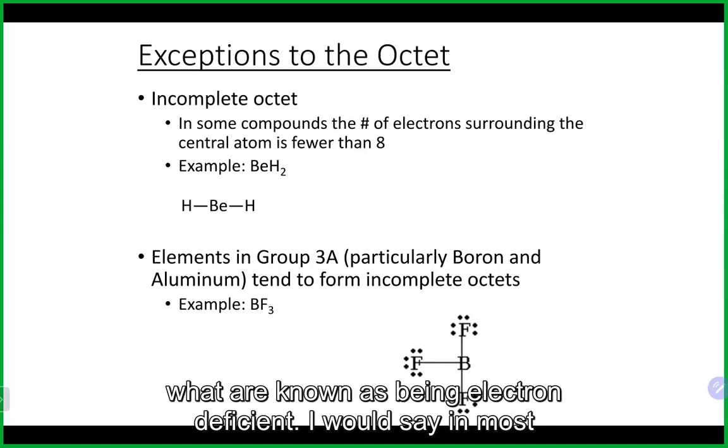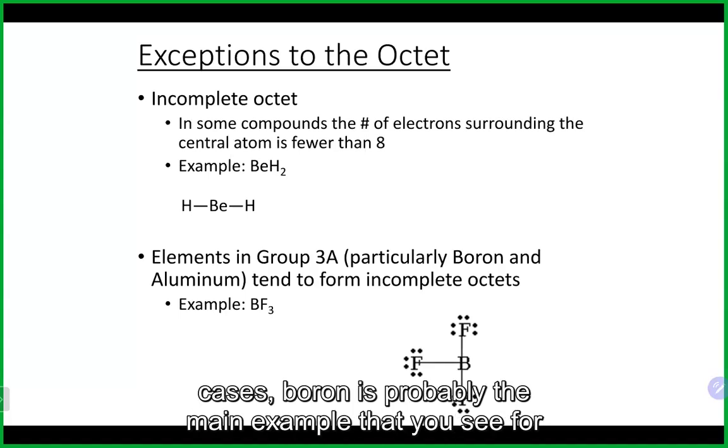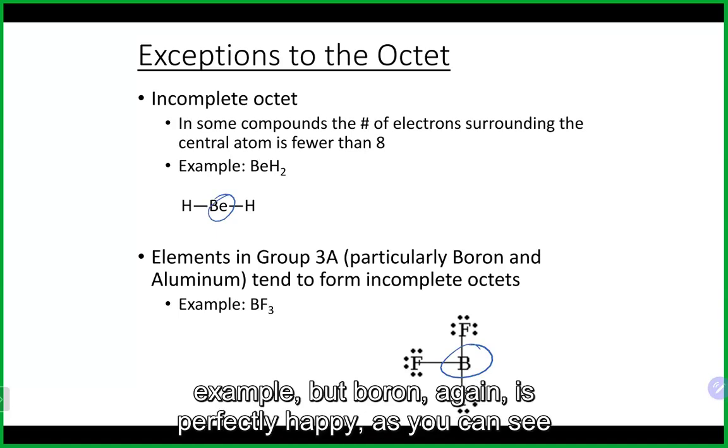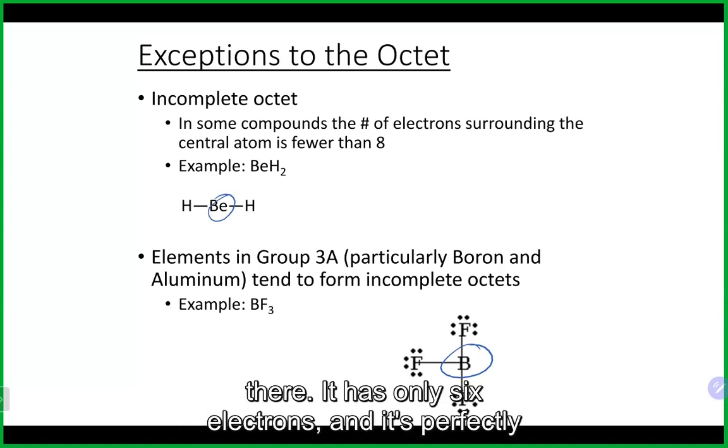They're known as being electron deficient. In most cases, boron is probably the main example that you see, although books do like to use that one right there as an example. But boron is perfectly happy. As you can see there, it has only 6 electrons, and it's perfectly fine with that.